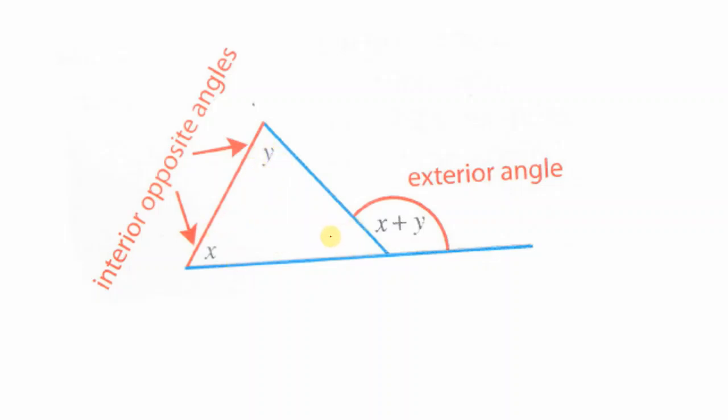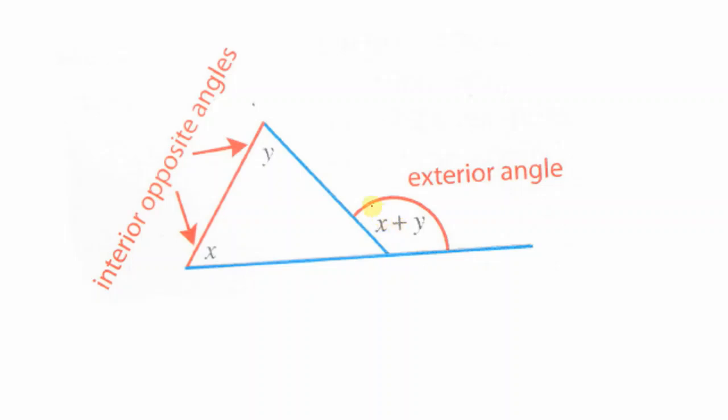But now we also have the situation where we could have an angle that is exterior to the triangle. In other words, it's not inside but outside of the triangle. Exterior means outside, interior means inside.